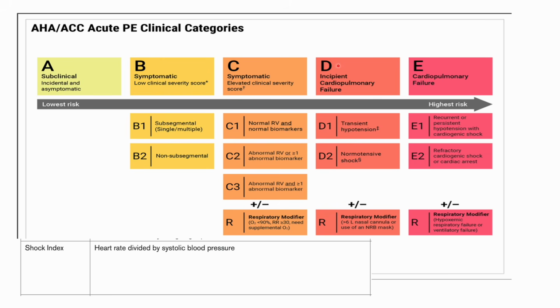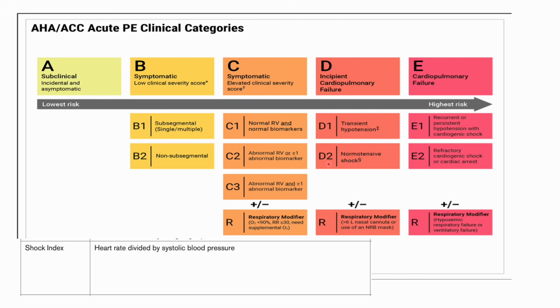Now, when we go on to category D, we see that these patients have incipient cardiopulmonary failure. So we are dealing here with patients who have a pre-cardiopulmonary failure status. For example, a normotensive shock, or we are approaching the need for ventilatory support, but we are still not there. The subcategories which are done here divide the patients into transient hypotension versus normotensive shock.